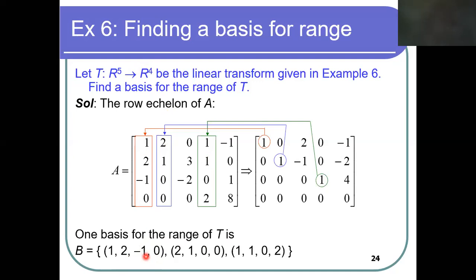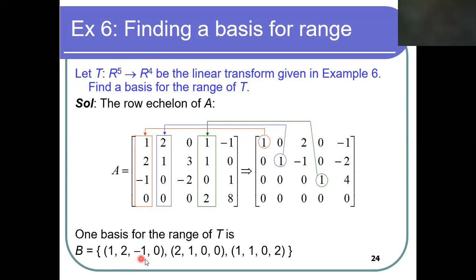The column space or range of a transformation is a subset of R4. And in R4, each and every element is a 1 cross 4 vector or a 4 cross 1 column vector.